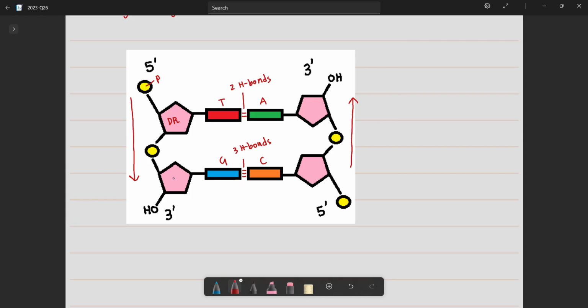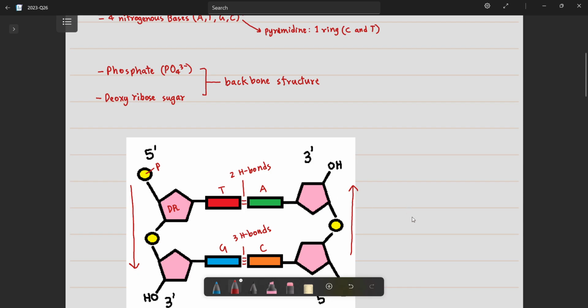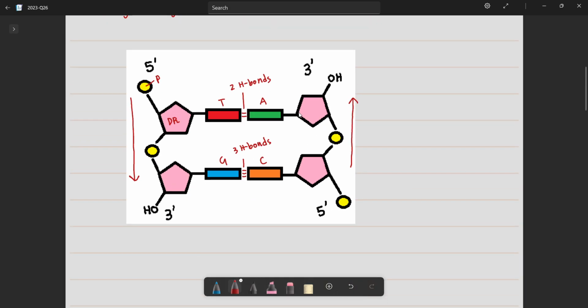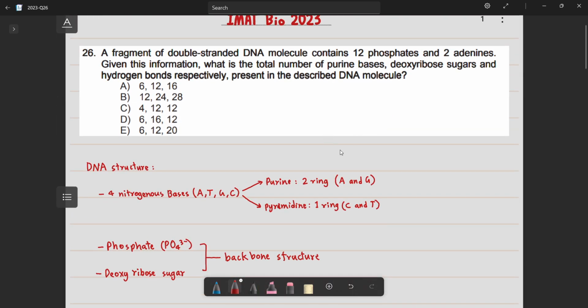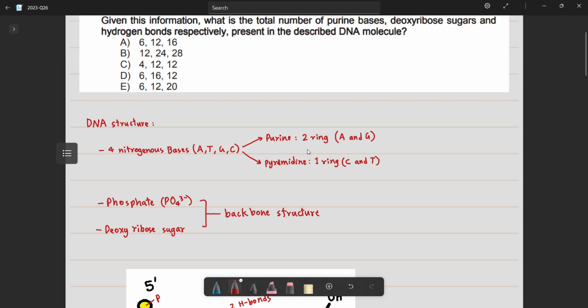So that's the difference in how you can analyze which part of the DNA molecule structure is 5 prime or 3 prime. So this is the basic structure of the DNA molecule, and you must know that DNA molecules are double helix. They're highly twisted, but this is the untwisted form to show you the structure of DNA. So this is the basic diagram of DNA. So now let's get back to the actual question. Now we are aware of the basic structure of the DNA molecule.